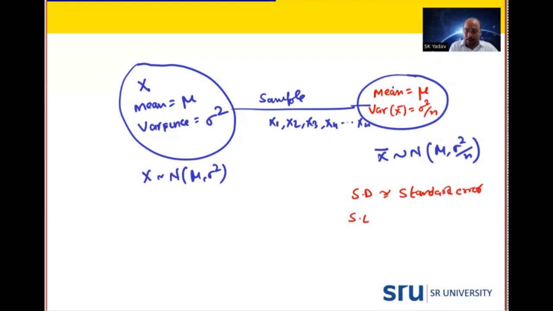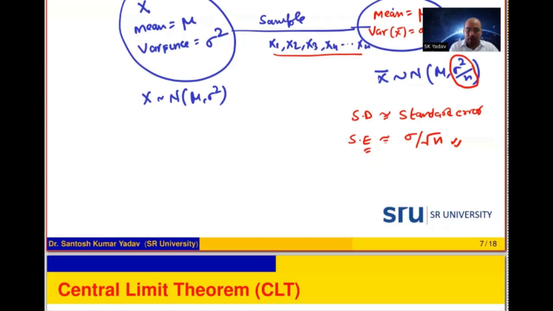So standard error is equal to sigma by root n, because the variance is sigma square by n, so I have to take the positive square root, which is sigma by root n. This is the well-known term, shortly denoted by SE, standard error. And this is the mean of the sample mean. With this understanding, let us approach a well-known theorem, which is called the central limit theorem.